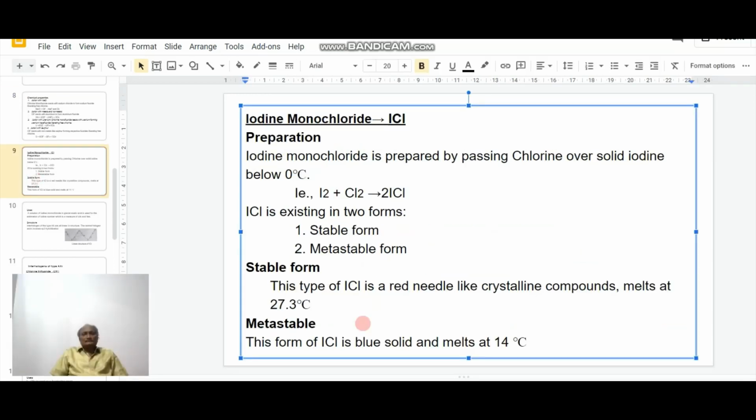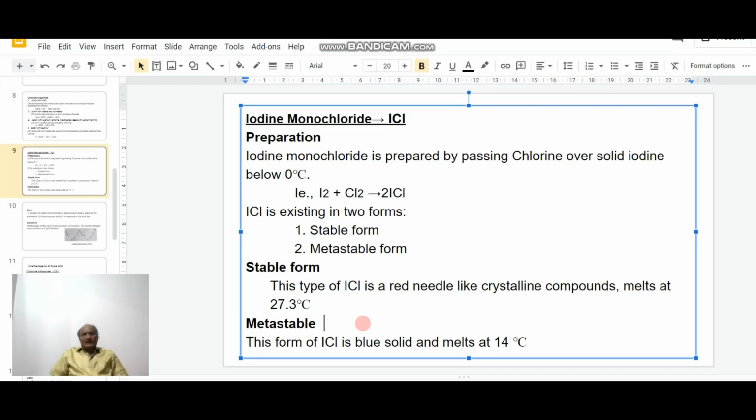Coming to the second compound, that is iodine monochloride ICl, which is of the AX type interhalogen compound. Regarding the preparation of iodine monochloride, it is prepared by passing chlorine over solid iodine below 0 degrees centigrade.